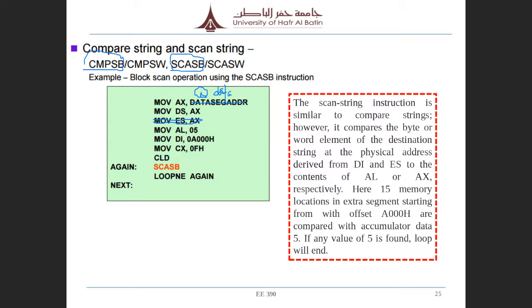Cx is loaded with 15. Then it uses CLD, which means clear direction flag. So for the string operation, it will access the data from lower memory location to higher memory location.